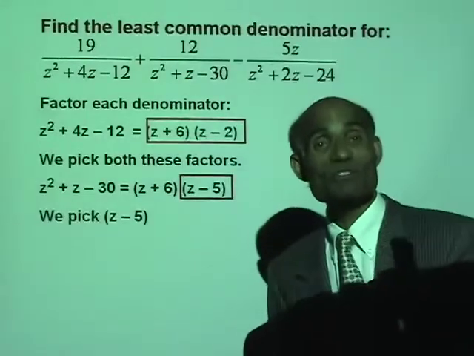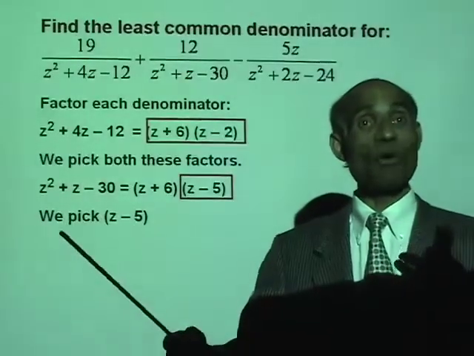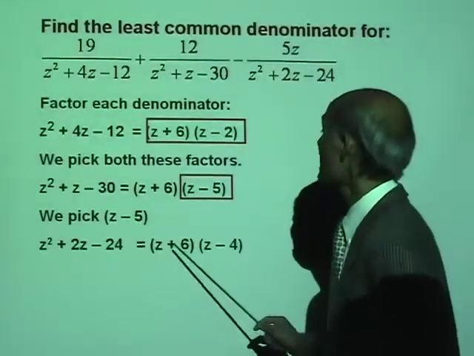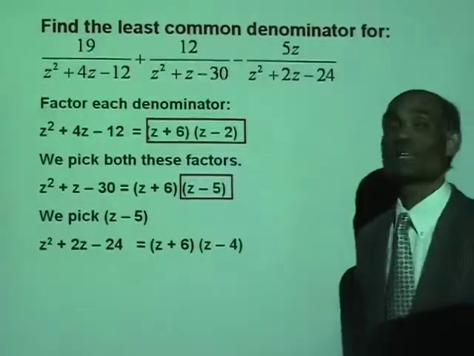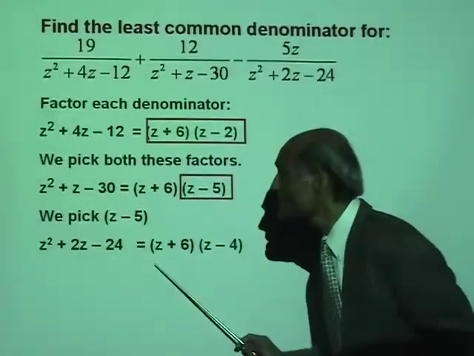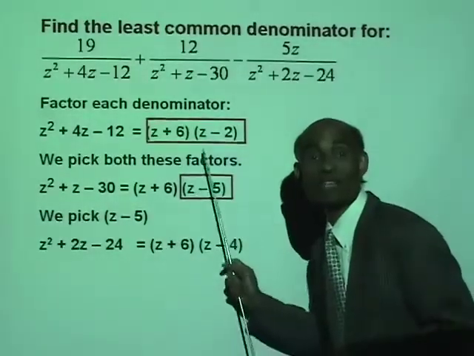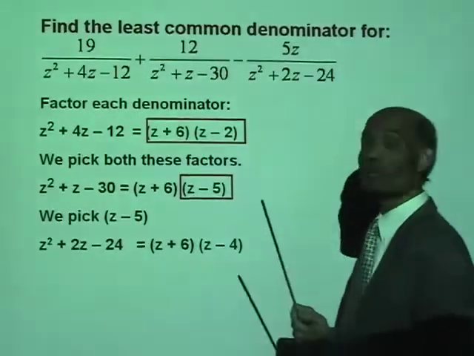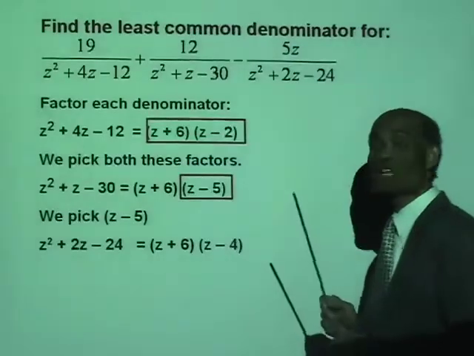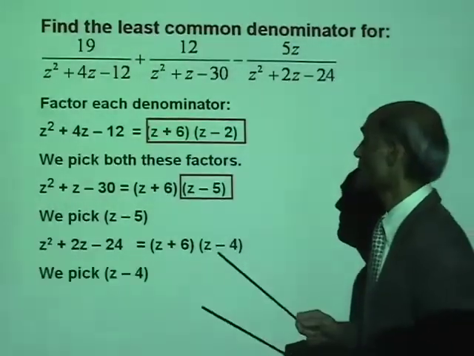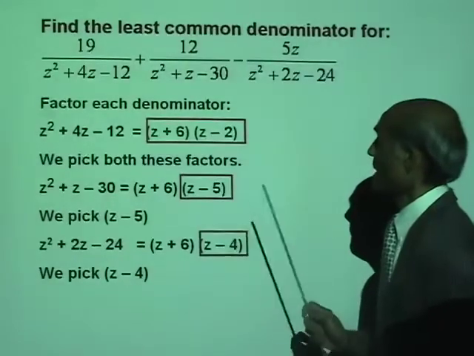That is positive 6 and negative 4. So the factors of this are z plus 6 times z minus 4. Alright, do we need z plus 6 in the LCD? No, we don't. That has already been picked. But z minus 4 hasn't been picked. Therefore, let's pick that.